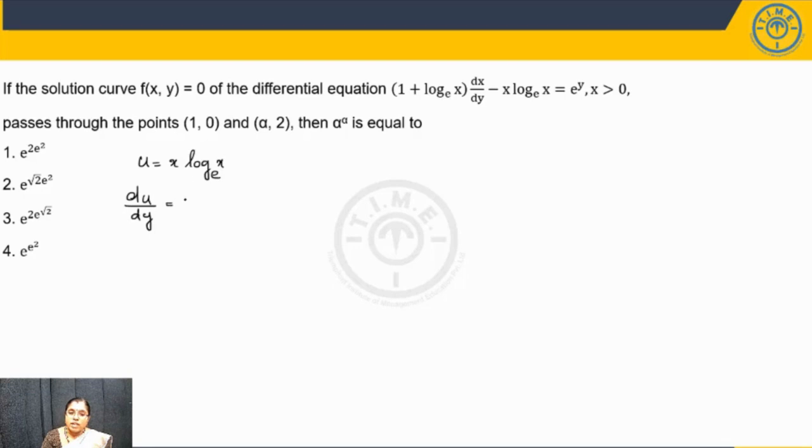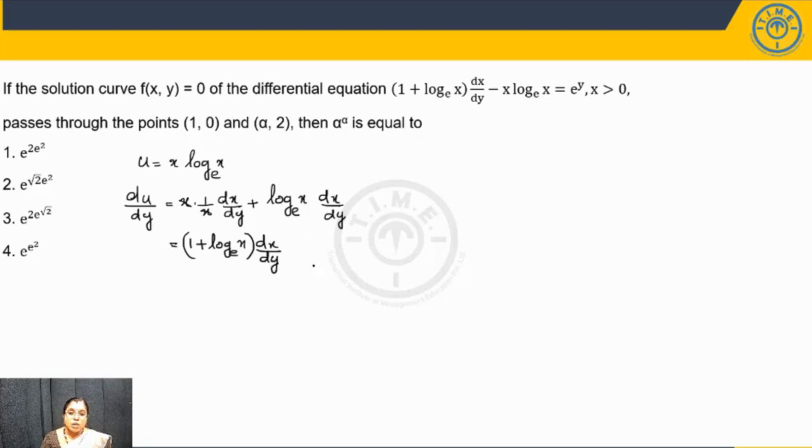Du by dy is x into 1 by x into dx by dy plus log x to the base e into dx by dy. I have used the product rule on the right hand side. So when you cancel x and take dx by dy as a common factor, you will get (1 plus log x to the base e) dx by dy is du by dy.